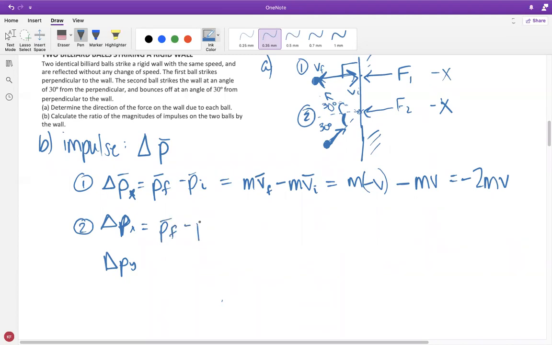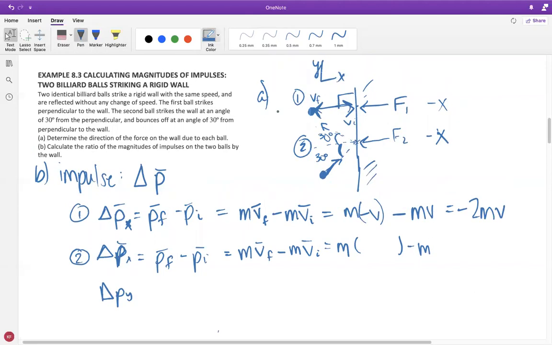So let me go ahead and write that out. So we're going to have some mass times our V final minus mass times V initial. Okay. And again, all in the x direction.